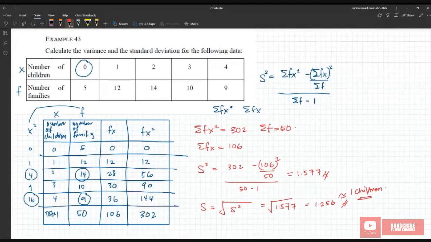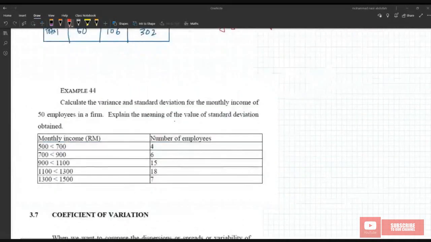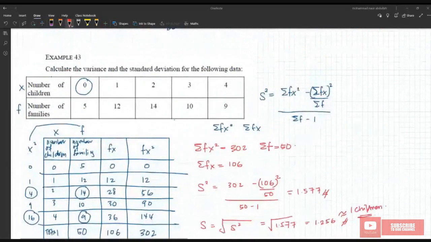Do you have any questions so far? All right, I hope you understand. This is very easy to calculate.